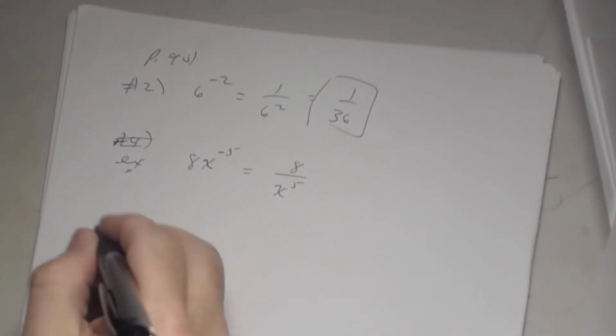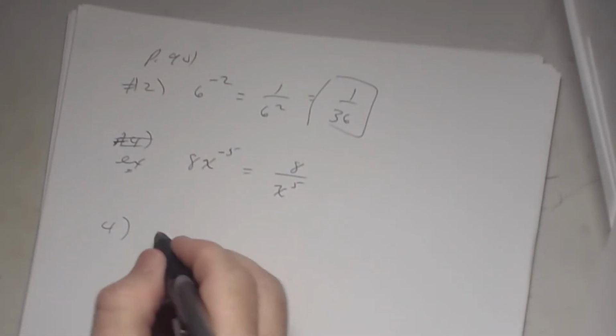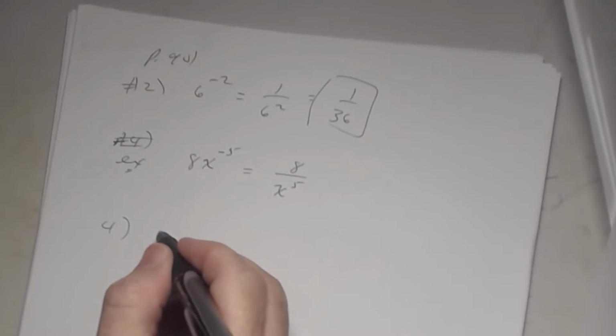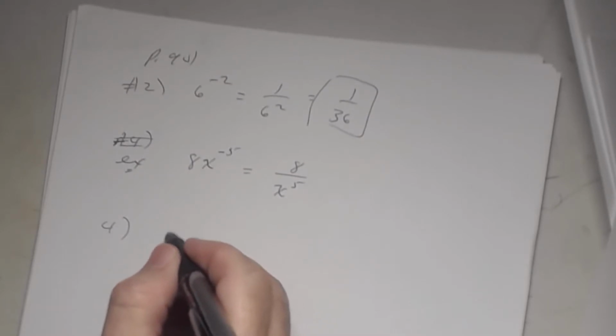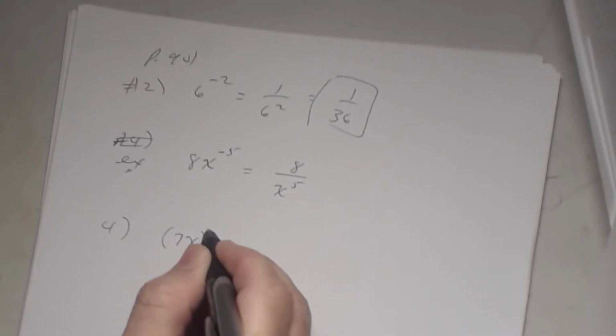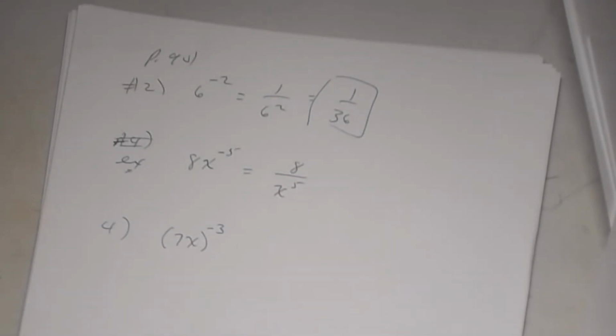Okay? All right, let's look at number 4. Now don't make number 4 difficult. We have 7x to the negative 3rd power. Now this is probably where you may want to put in that little step in your work, so to speak.